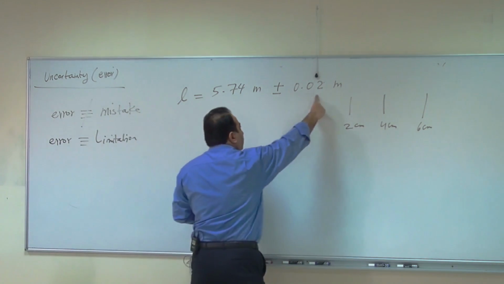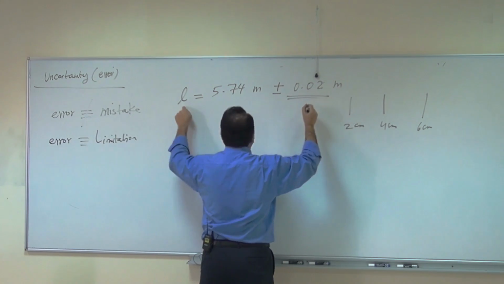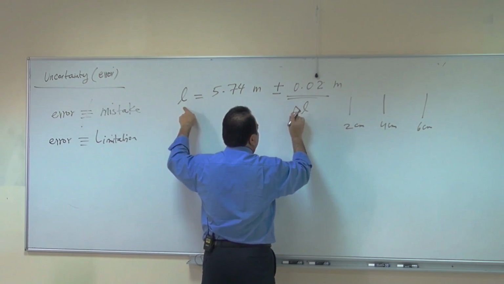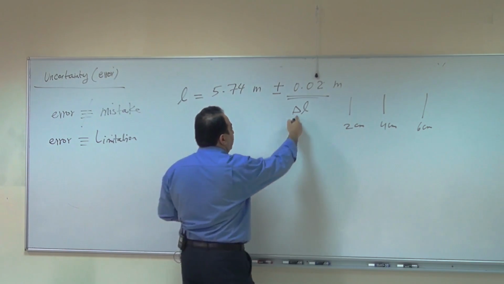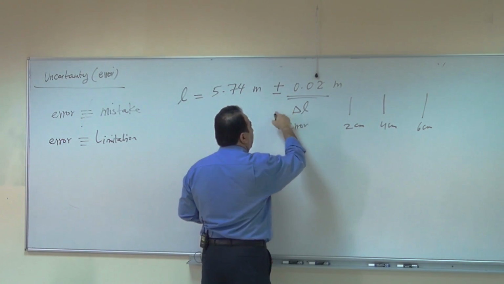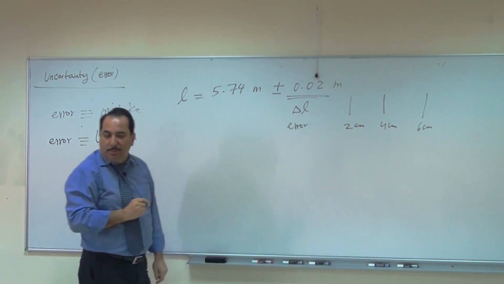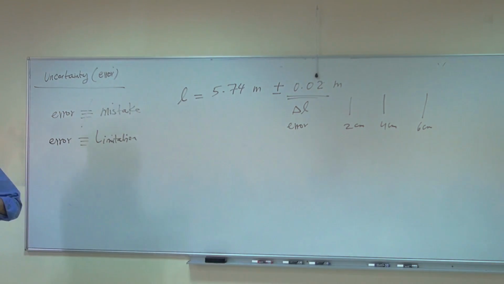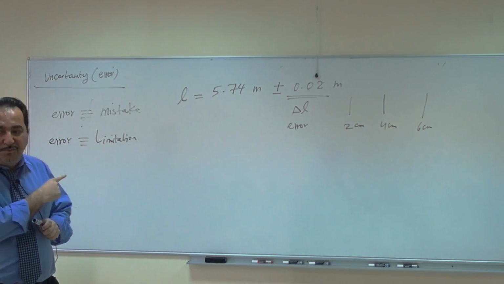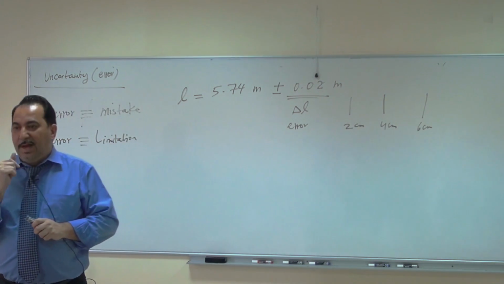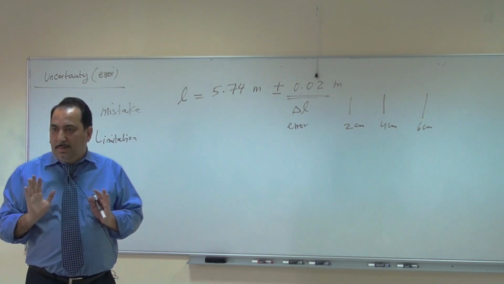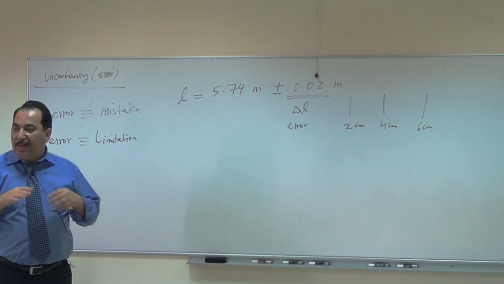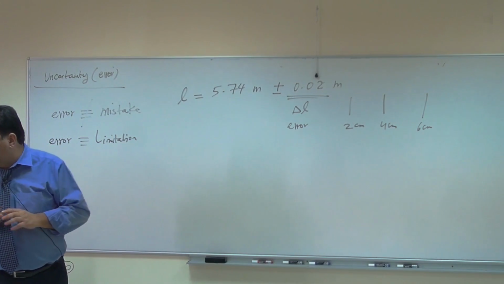Now this error, if this is L, we call it delta L: the change in length, or uncertainty in length, or the error in length, plus and minus. It's very important, whenever you measure things, to be aware of the uncertainty. Ignoring uncertainties creates problems in designs. I'll explain later how it affects your design.